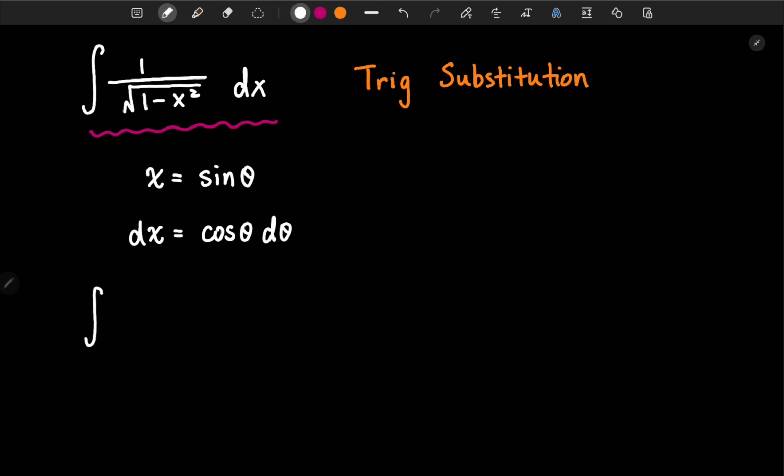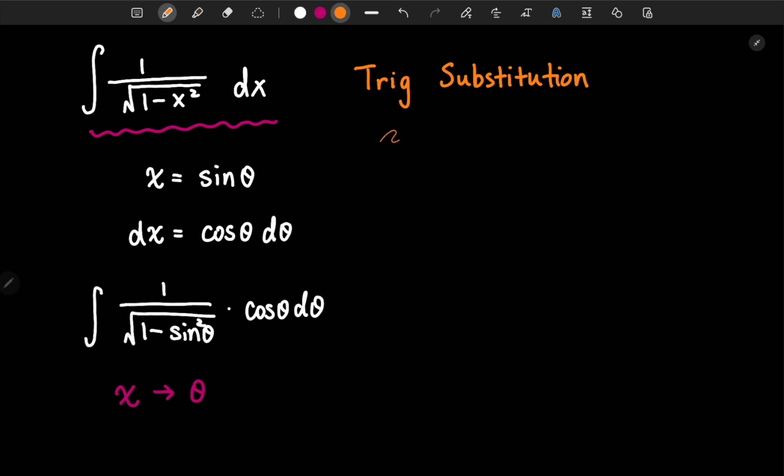So now we have 1 over the square root of 1 minus sine theta squared times dx, which is equal to cosine theta d theta. So up here we have transformed everything with respect to x into things with respect to theta. But it doesn't look much easier so far.